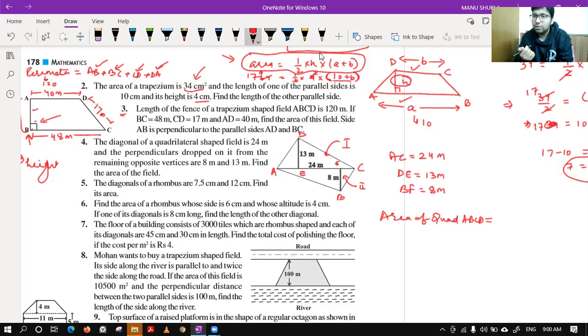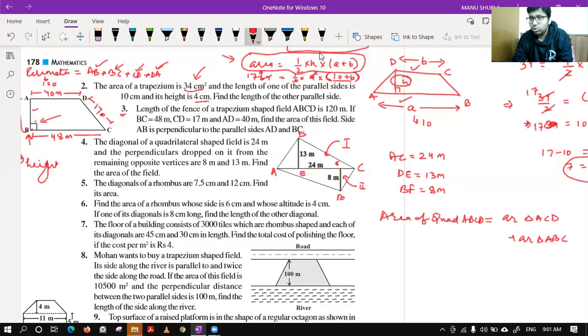So area of quadrilateral is area of triangle ACD plus area of triangle ABC. Is this statement clear? I will find the area of quadrilateral ABCD in two ways: first the lower triangle, then the upper triangle, and then add.